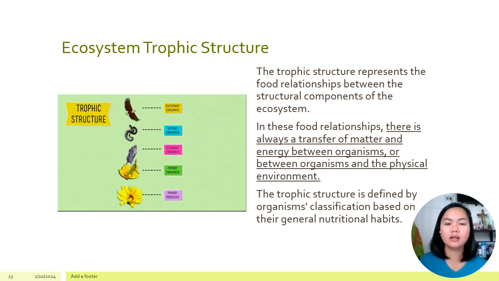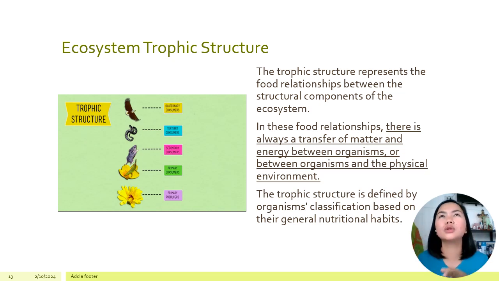So again, trophic structure, this is the food relationship between the structural components of the ecosystem, the biotic and the abiotic as well. So in this food relationship, there is always a transfer of matter and energy between organisms or between organisms and the physical environment. So just like pag ang plant gikaon sa goat, then the energy and the matter from the plant is transferred to the goat.